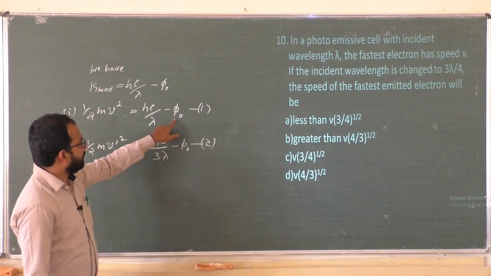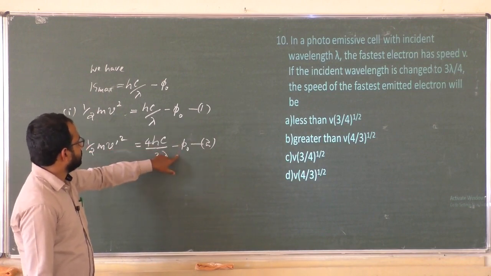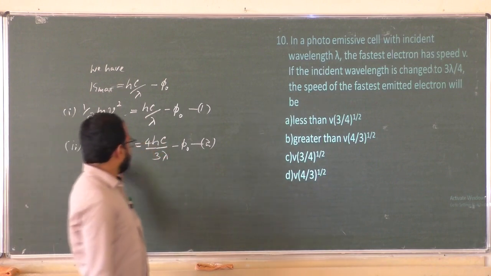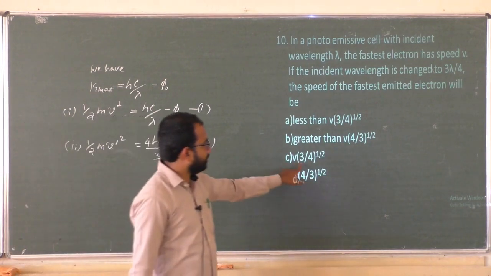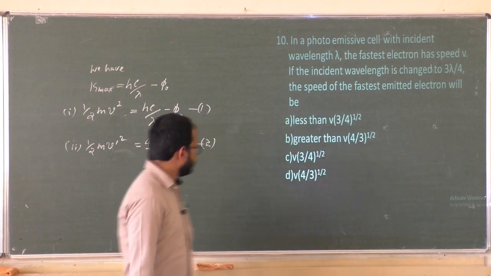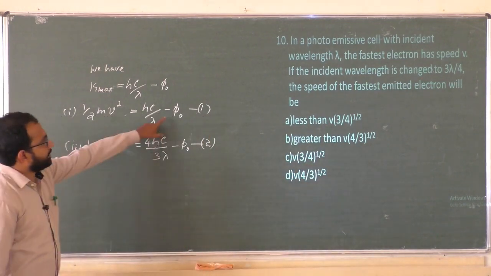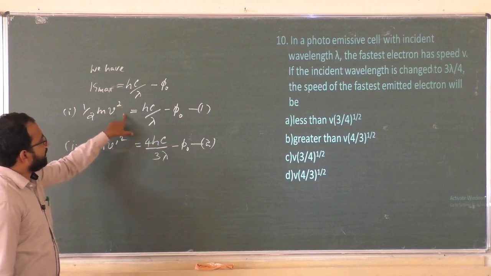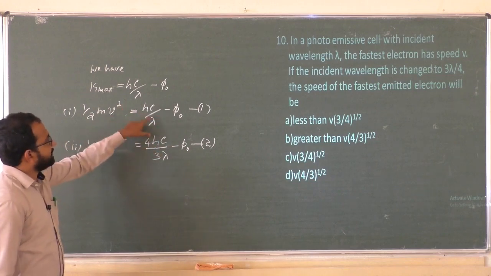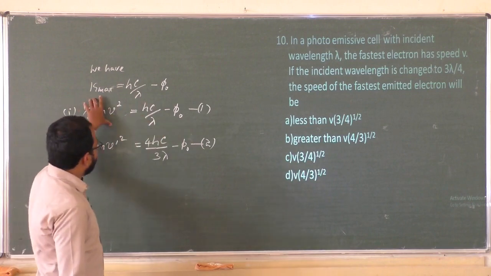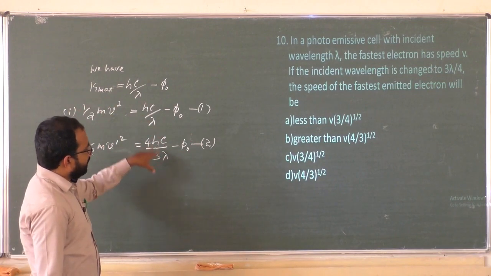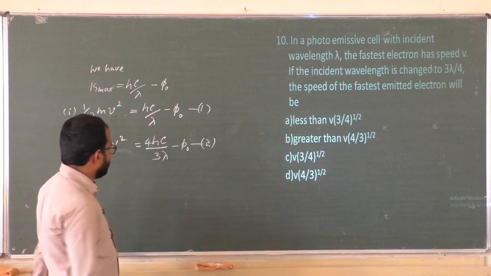If you substitute the value of phi naught here, you will not get v dash in terms of 3 by 4 or 4 by 3. Half m v square minus phi naught is equal to hc by lambda minus half m v square. If you substitute here, I am not getting 4 by 3 or 3 by 4.